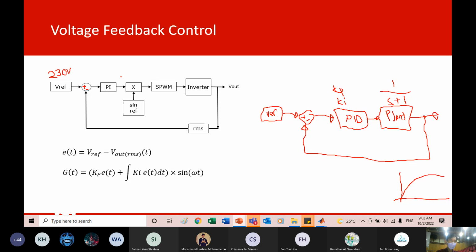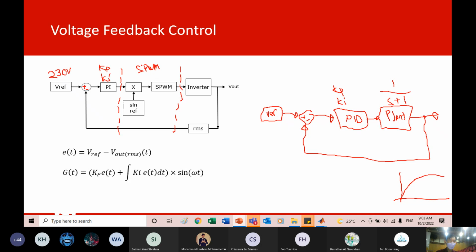And now the whole thing here, if I cut this out, this is the controller part, the Kp and Ki. And then this part here is the SPWM modulator, which is also part of the controller.